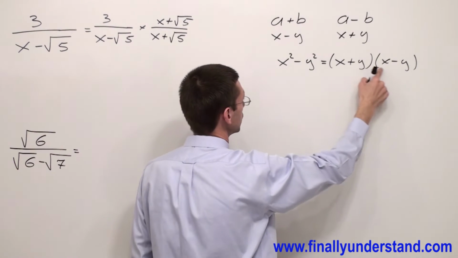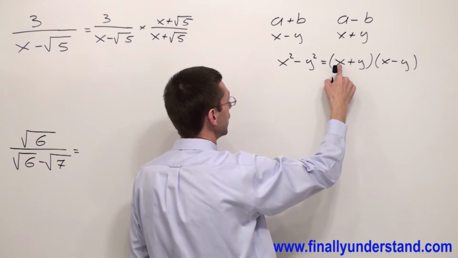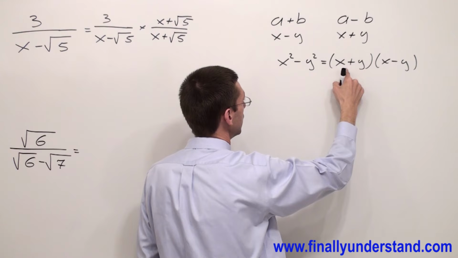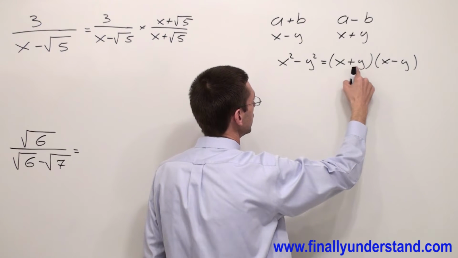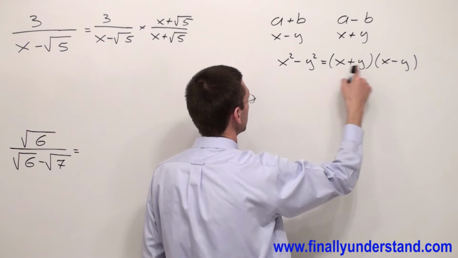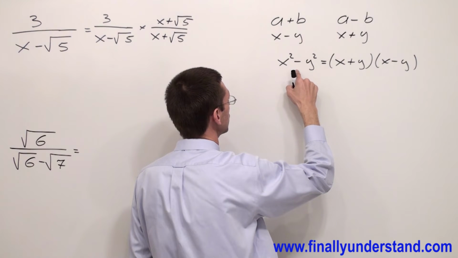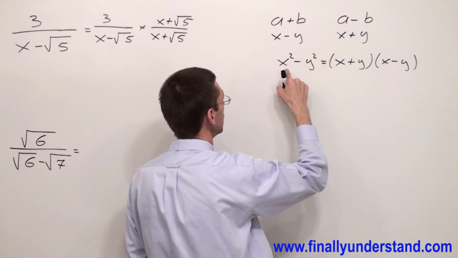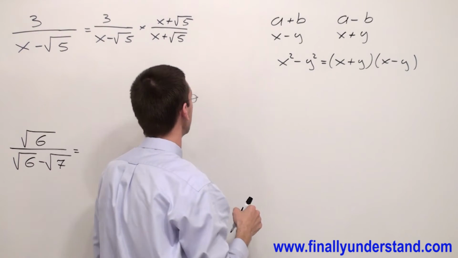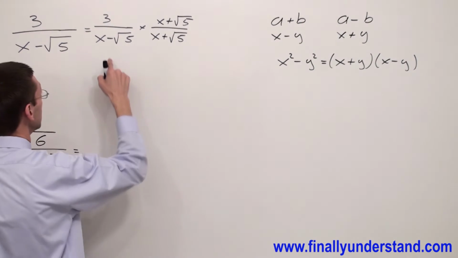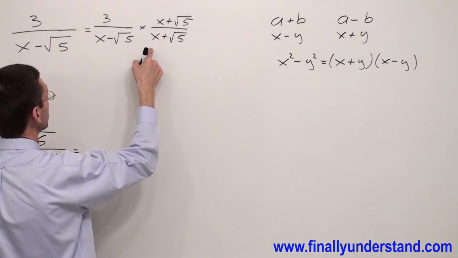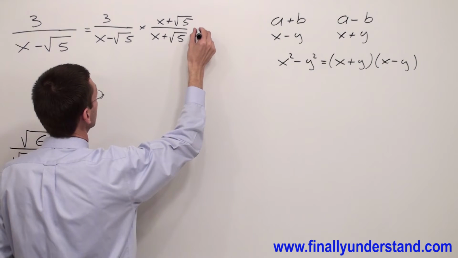If you look at this formula, you will see that a binomial multiplied by its conjugate gives me x squared minus y squared, the difference of two perfect squares. So what does it mean for my problem? Let's take a look.